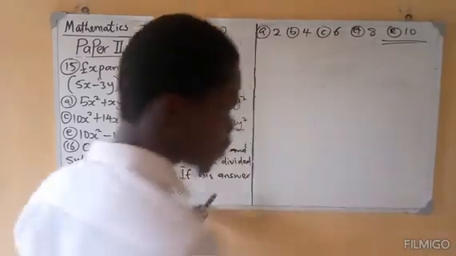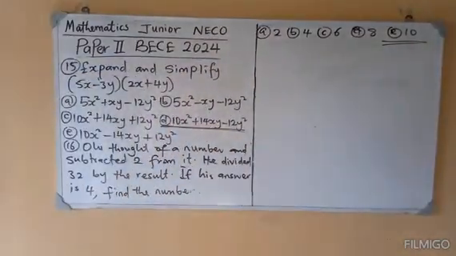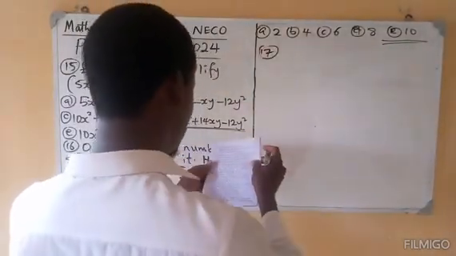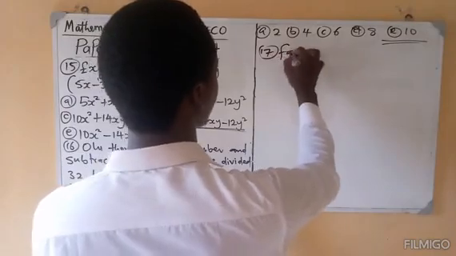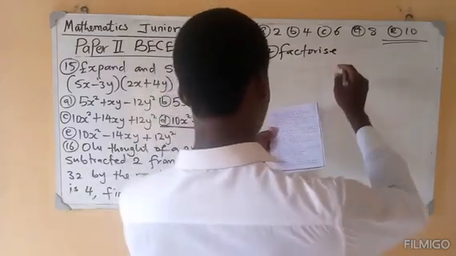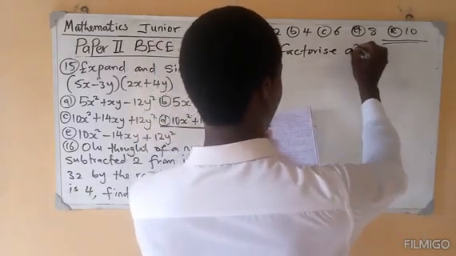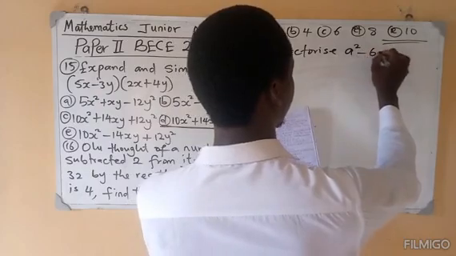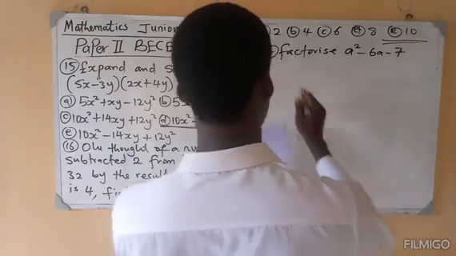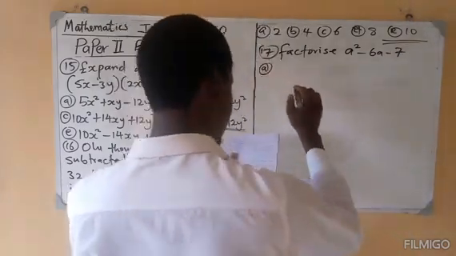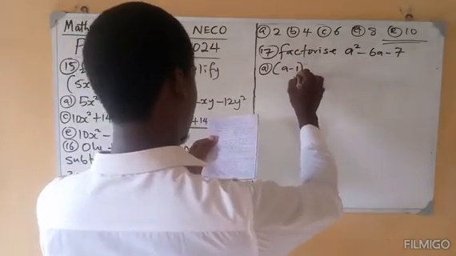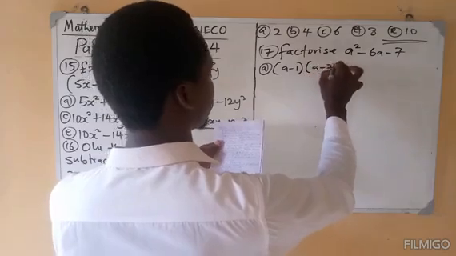The next question, number 17, says factorize a squared minus 6a minus 7. The options given are: A, a minus 7 and a plus 1.